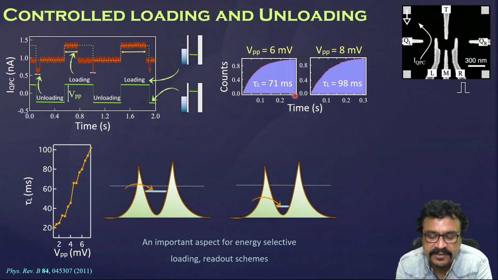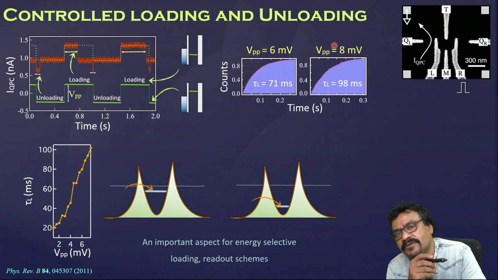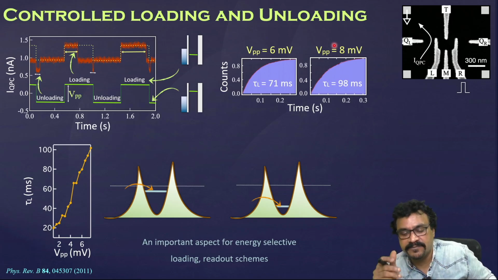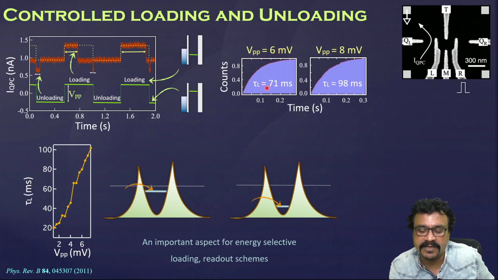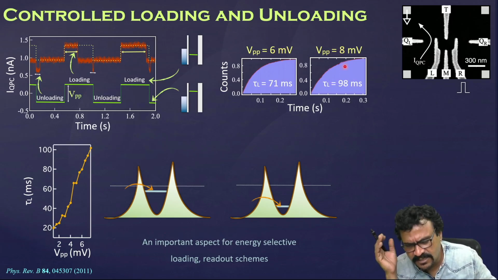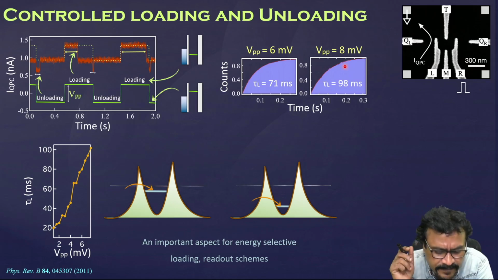Okay. So, what we are seeing here is for two different peak to peak values, we are seeing a rise in the time. For example, lower amplitude you get a lower time constant, higher voltage you get a higher loading time. Let's try to understand what is happening here.